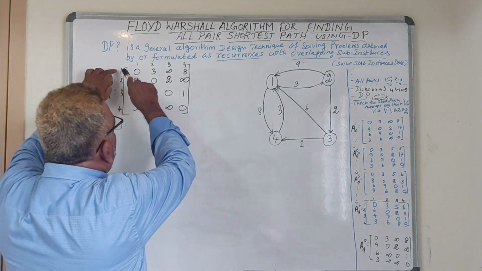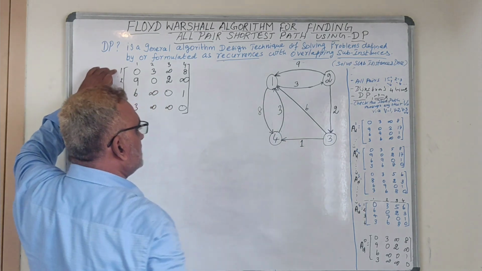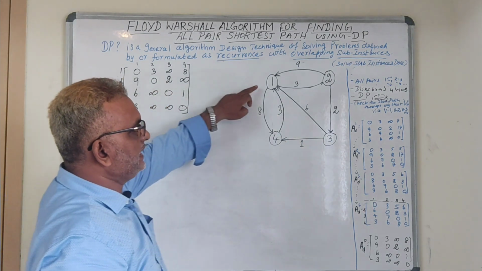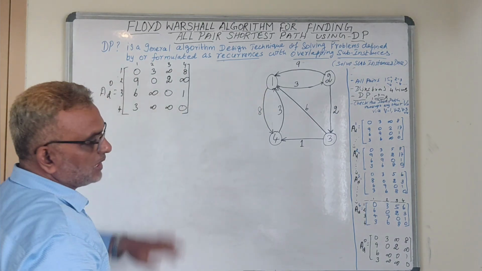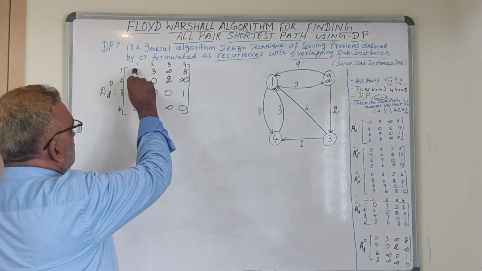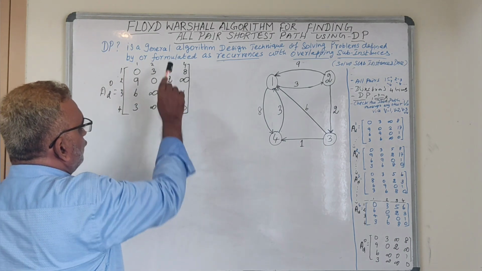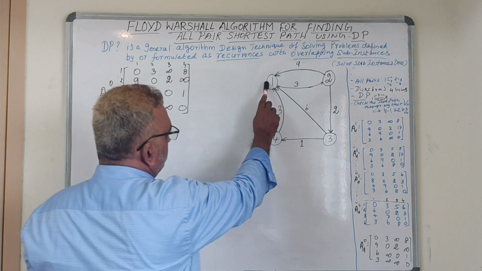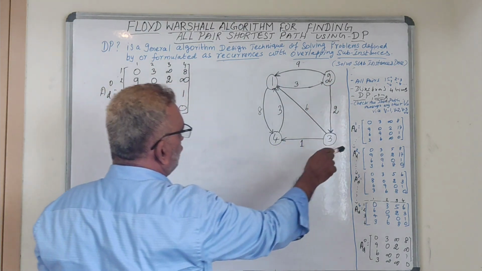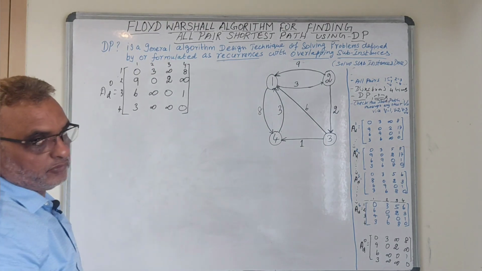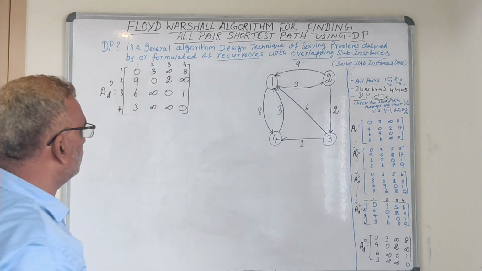Since the graph does not have any self loop on any vertex, make the diagonal values 0. So 1 to 1, 2 to 2, 3 to 3 and 4 to 4 are 0, because there is no pointer from a vertex to itself.